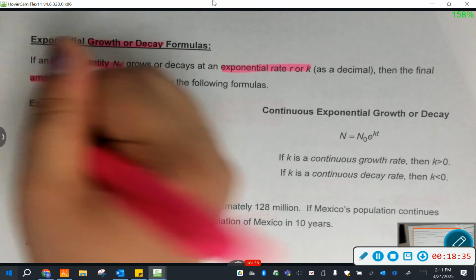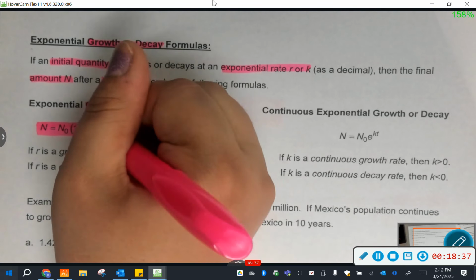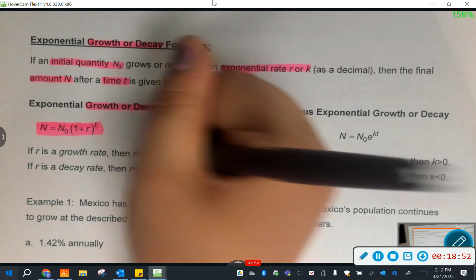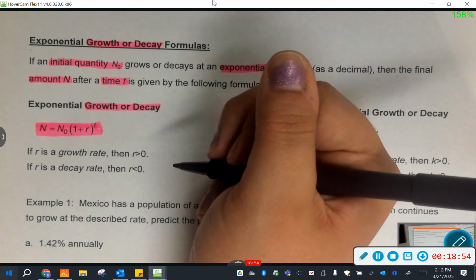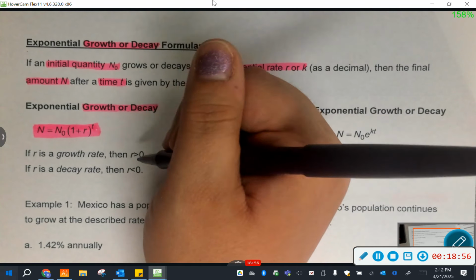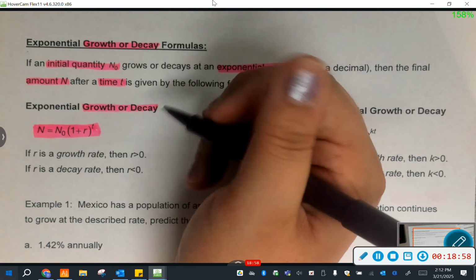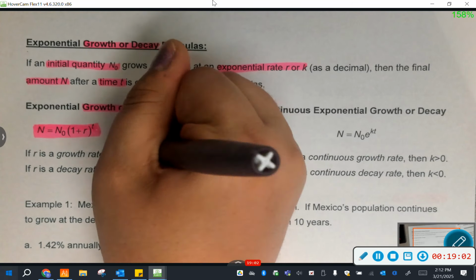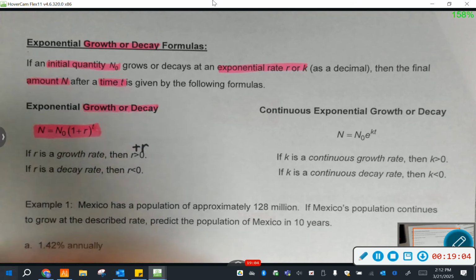This time you are not going to have to divide because you're not going to compound or anything like that. So it's just 1 plus your rate, raised to the time. If it's growth, your rate is going to be more than 0, which is positive.